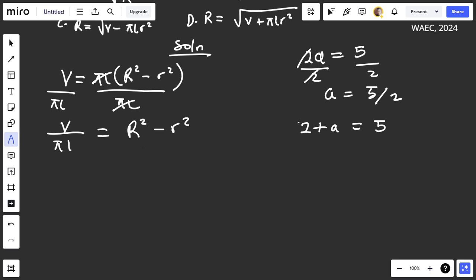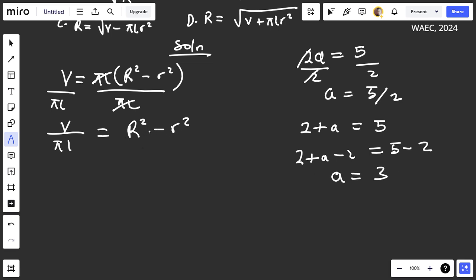So if you subtract 2 from both sides, 2 will disappear from this side. We have 2 plus a minus 2 equals 5 minus 2. 2 minus 2 is 0, so you have a equals 5 minus 2, which is 3.